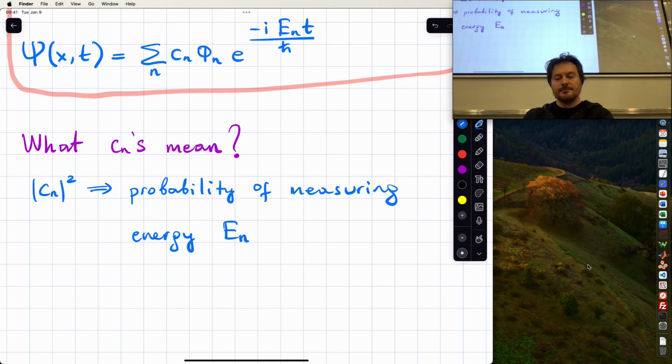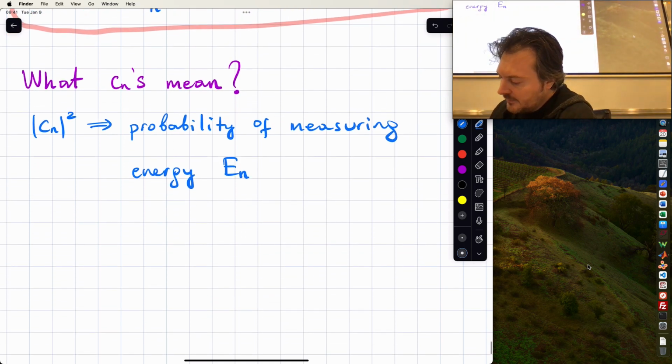That's what Cn's are telling you. So the wave function propagates. We have already played with it in a computer. Do you remember?